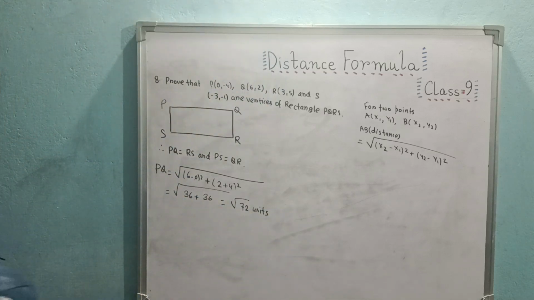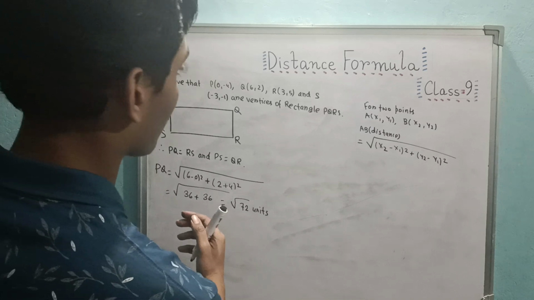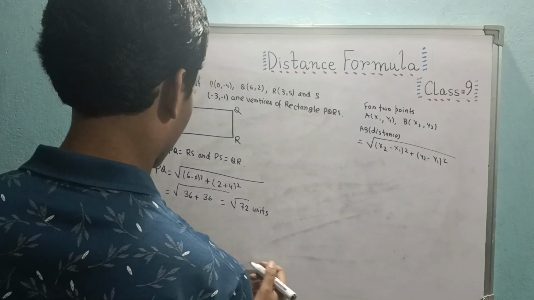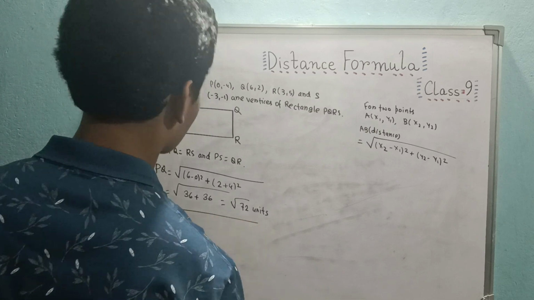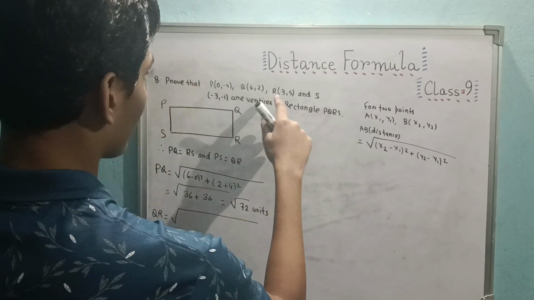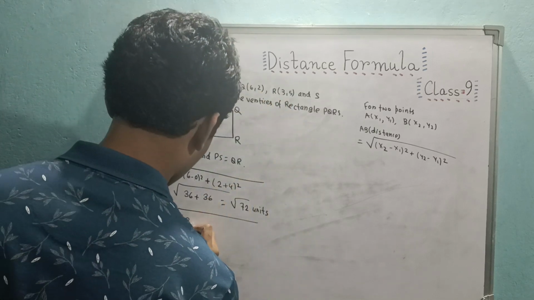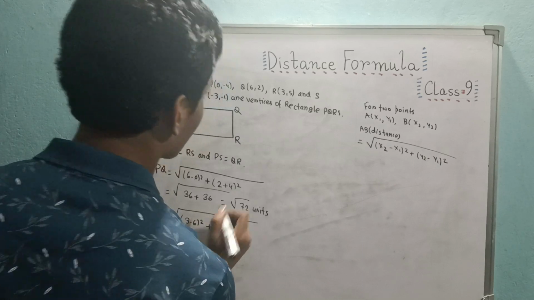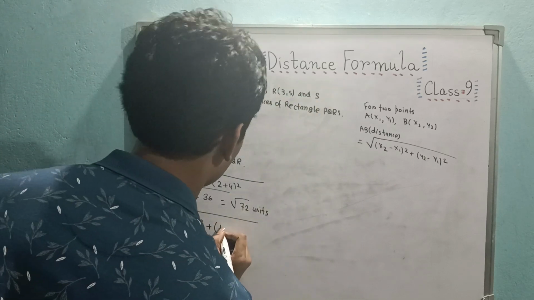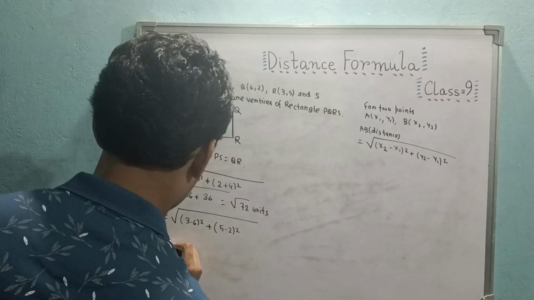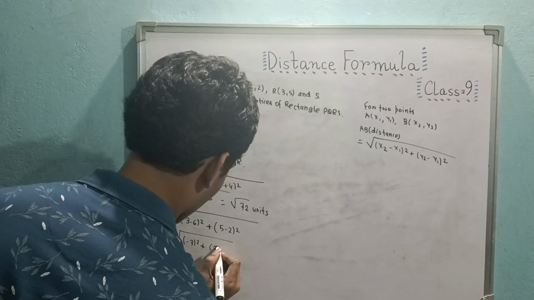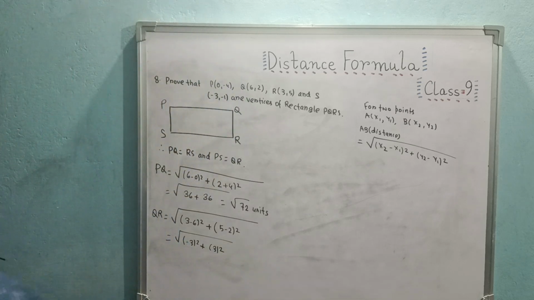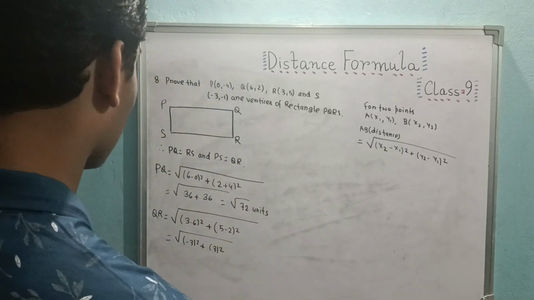Then you also need to calculate QR. QR is what? The distance between Q and R. So 3 minus 6 whole square plus 5 minus 2 whole square, equal to minus 3 square plus 3 square. Wow, what is this now? Is it 0?